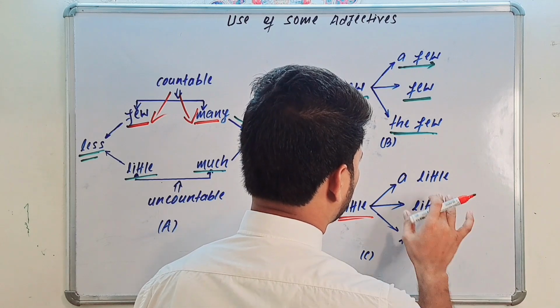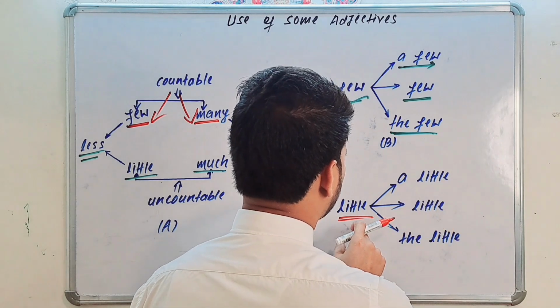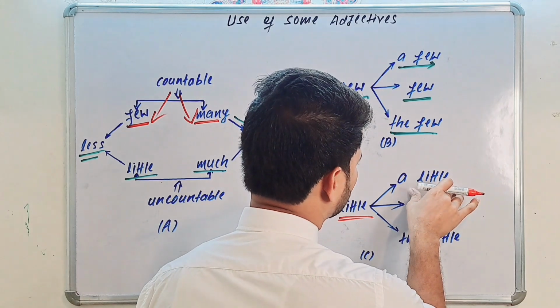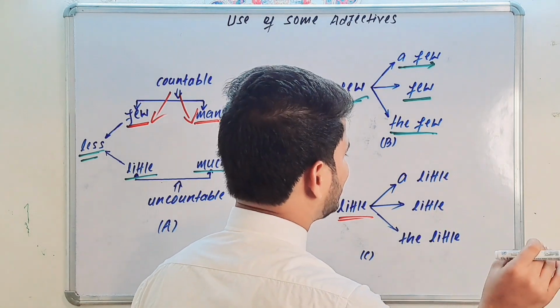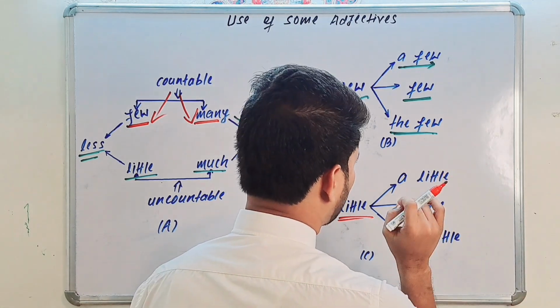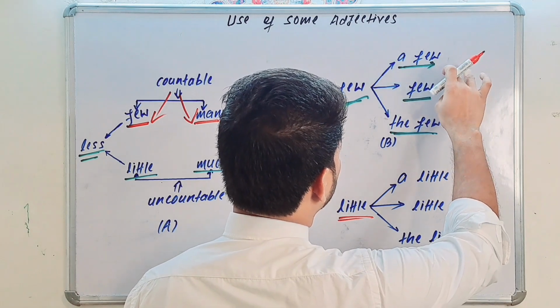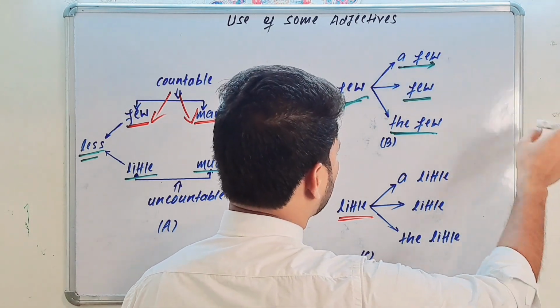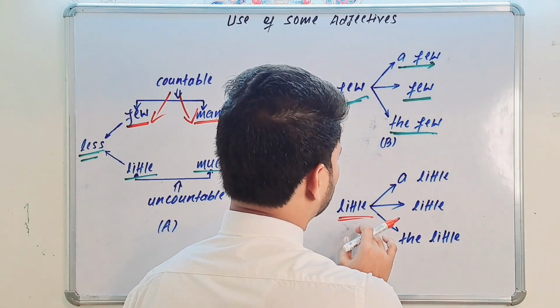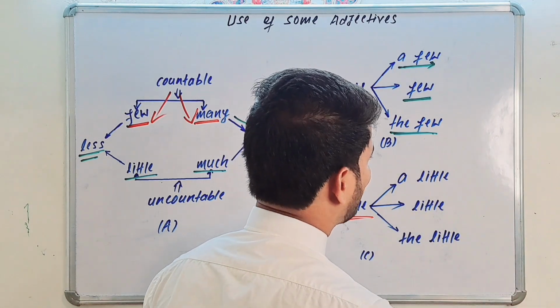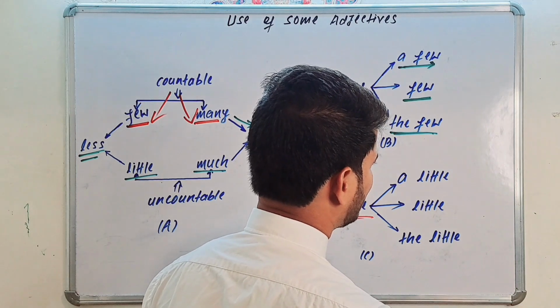Now a little means less in quantity, not number. I'm not talking about few. I told you a few means less in number but equal to something. Similarly, here a little means less in quantity, not in number.